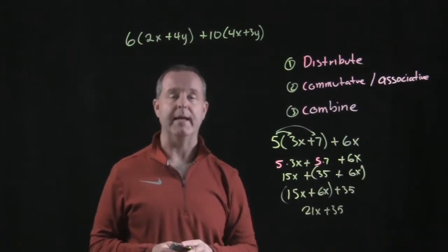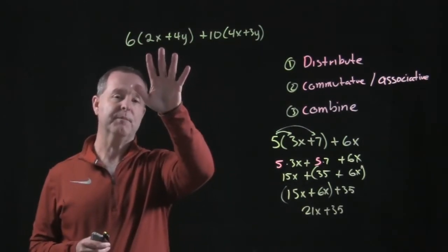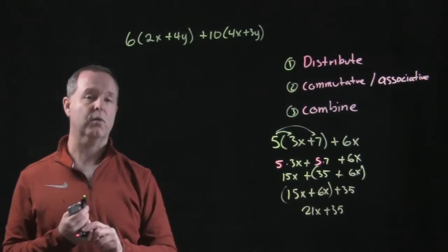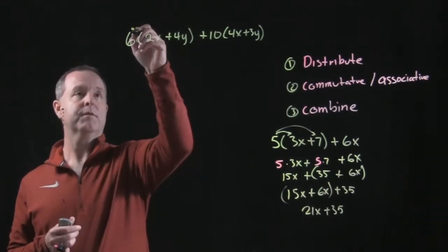The next example that we have, likewise, I see I have distribution happening in 2 places here. So I'm going to distribute the 6 across both terms here.